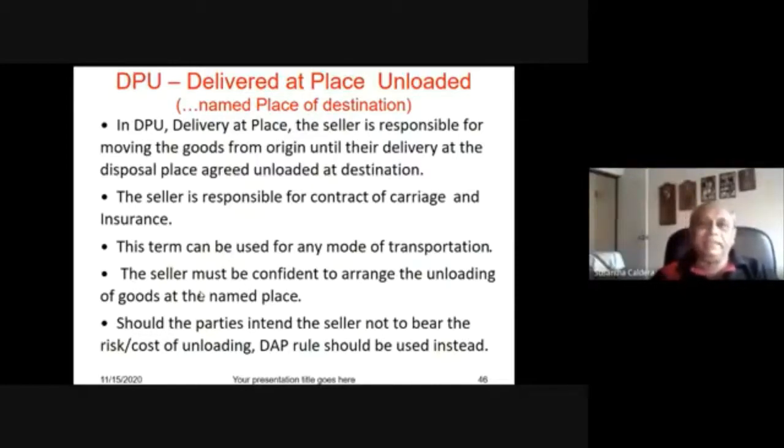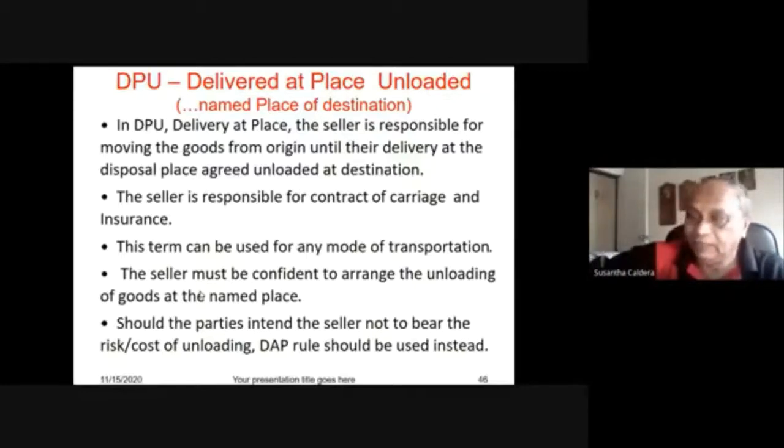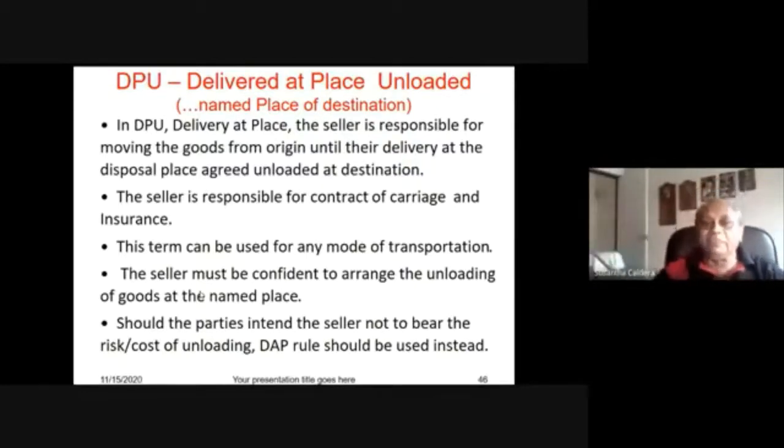The seller is responsible for the contract of carriage and insurance. This term can be used for any mode of transport. The seller must be confident to arrange the unloading of goods at the named place.